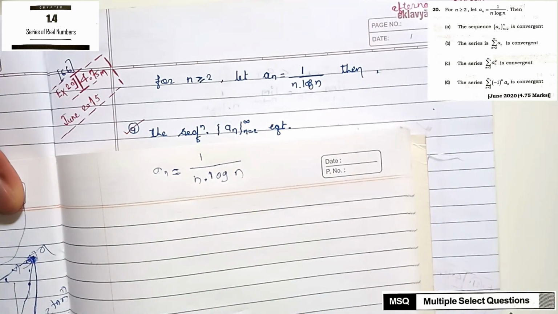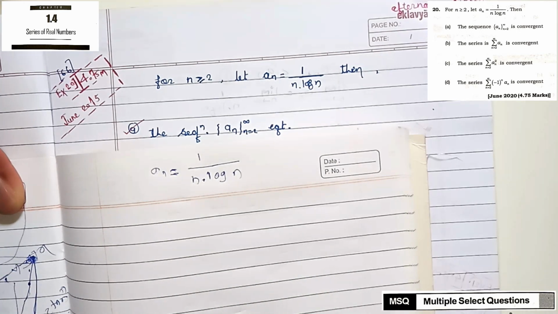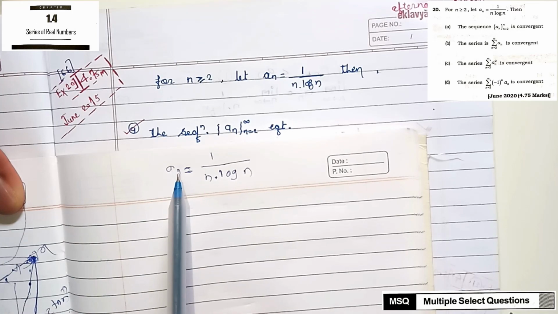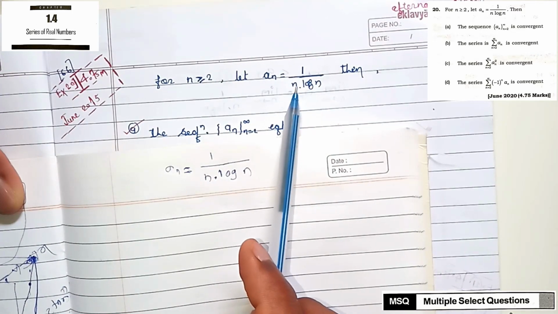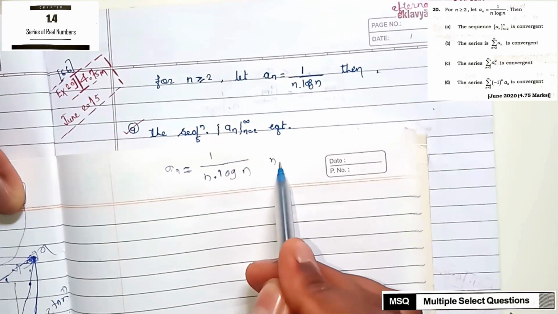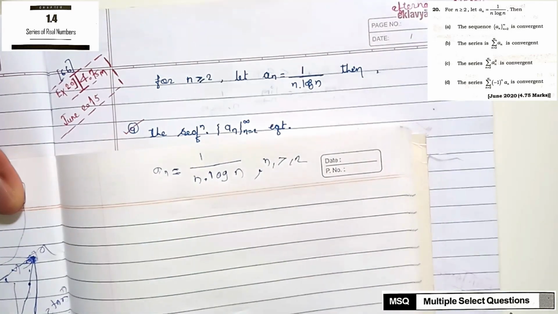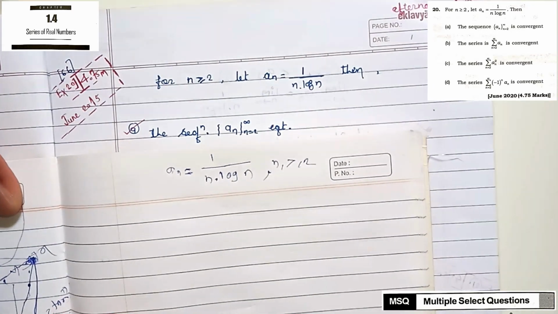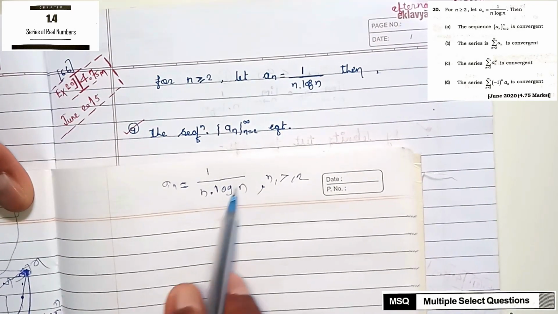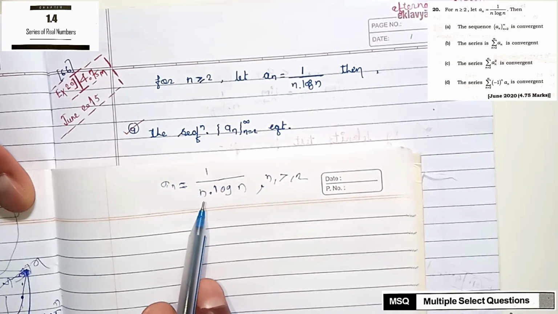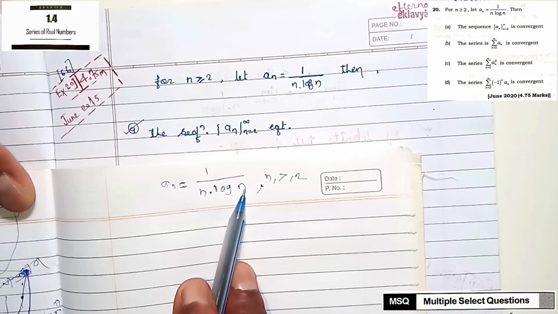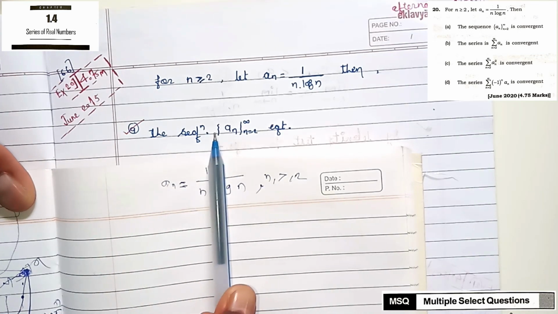And we have to verify whether the sequence a_n is convergent. What is the value of n? n is greater than or equal to 2, so n is running from 2 or bigger than 2, and a_n is defined here as 1 upon n log n.